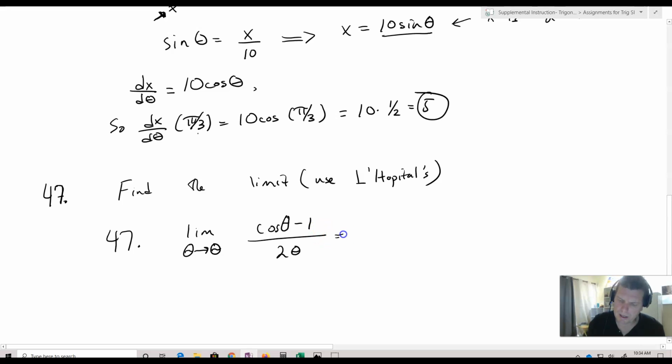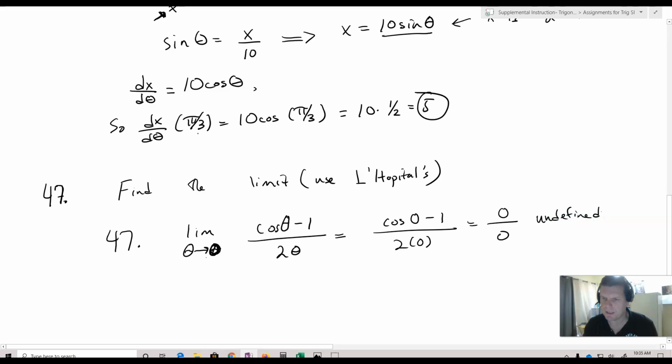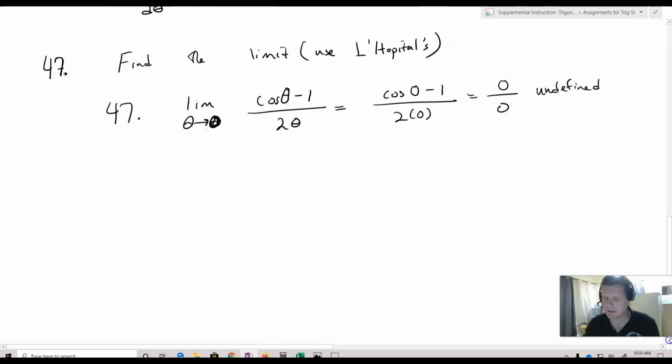And so what I know is that when I plug in 0, I get cosine 0 minus 1 over 2 times 0, which ends up being 0 over 0. So it's undefined, but it's undefined in a way in which I can actually use L'Hopital's. So I'm going to use L'Hopital's.